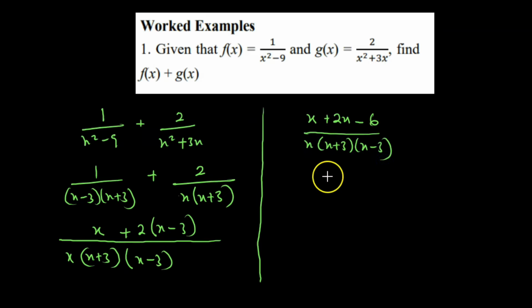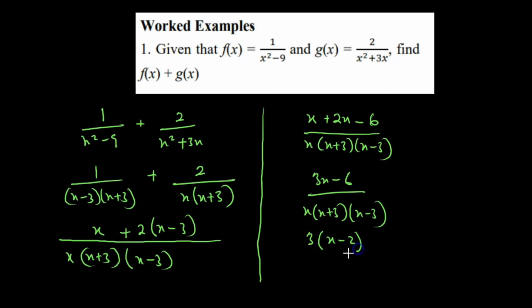Now, simplifying the numerator, we end up getting 3x minus 6, all on x into bracket x plus 3 multiplying x minus 3. Looking at it, the numerator can be written in factor form, which is 3 into bracket x minus 2. So, in other words, when we go further, we have x into bracket x plus 3 and then x minus 3.